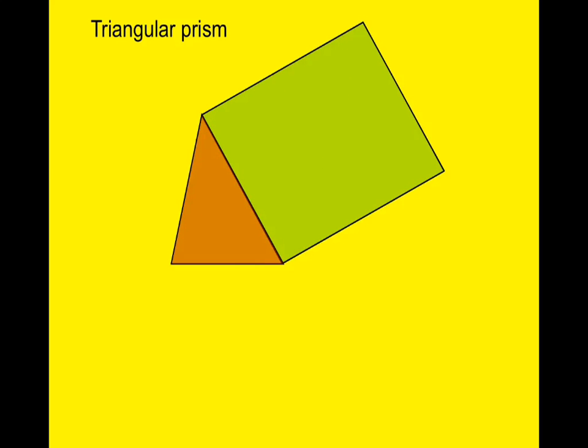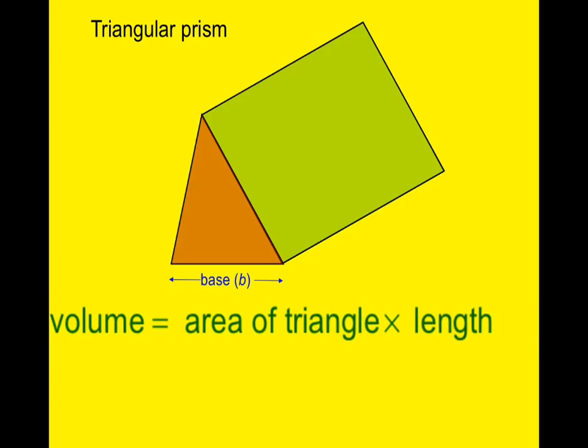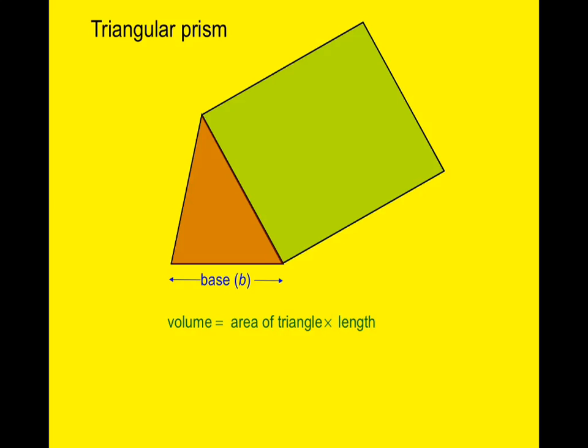Looking at this more closely, we have the base of the triangle, B, we have the vertical height, H, and we know the volume is going to be the area of that triangle times the length.